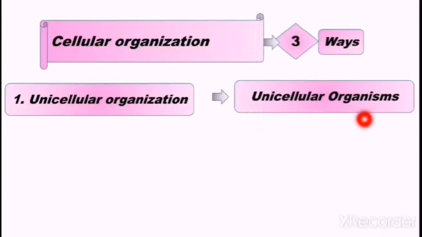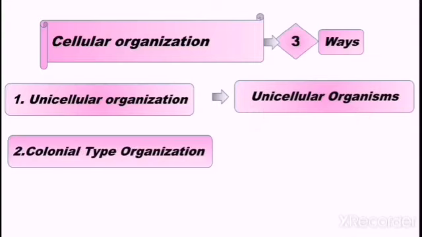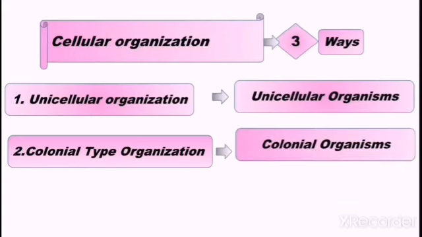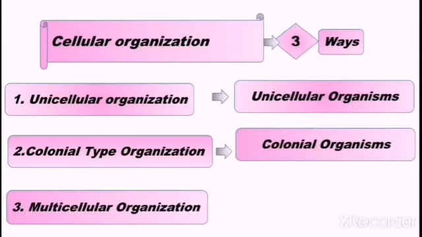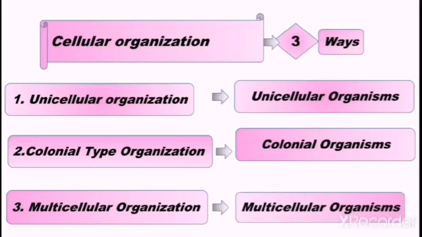Unicellular organisms are formed. And then colonial type organization. In colonial type organization, colonial type organisms form. And then multicellular organization. In multicellular organization, multicellular organisms form.